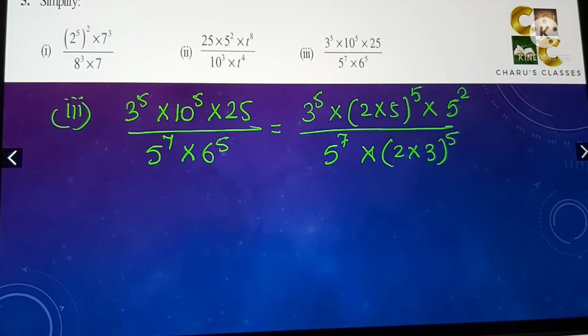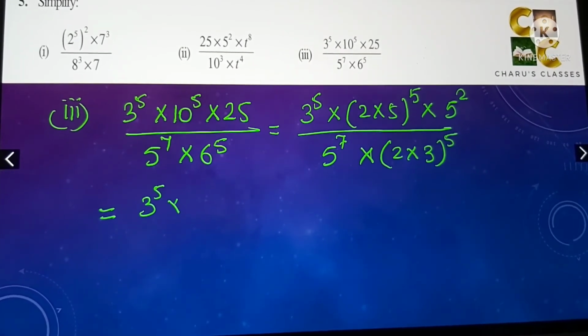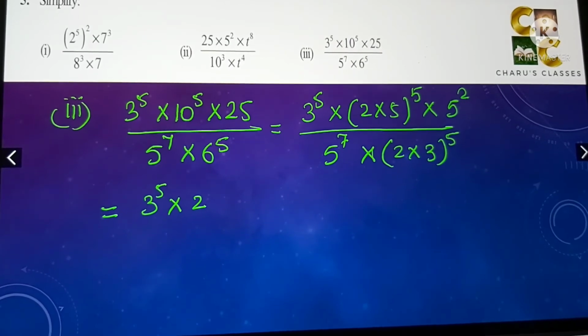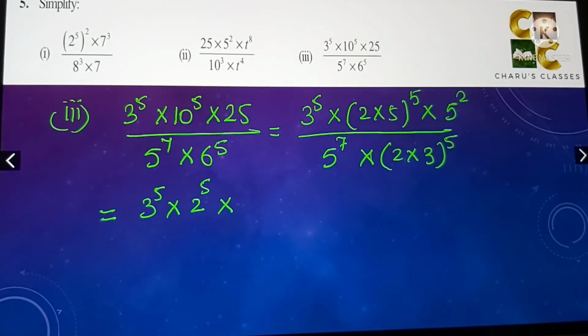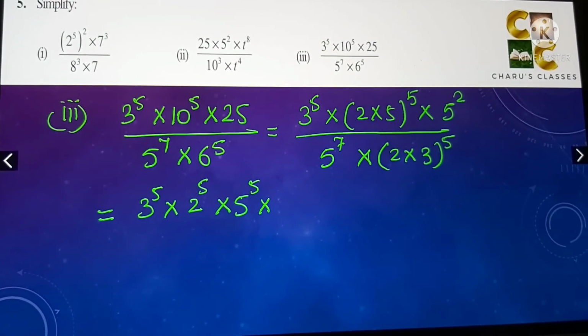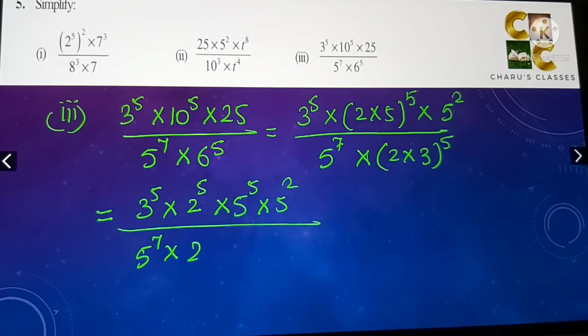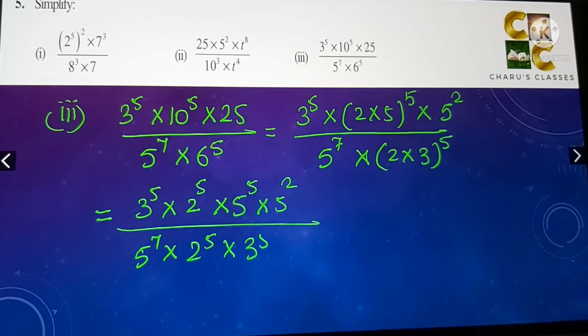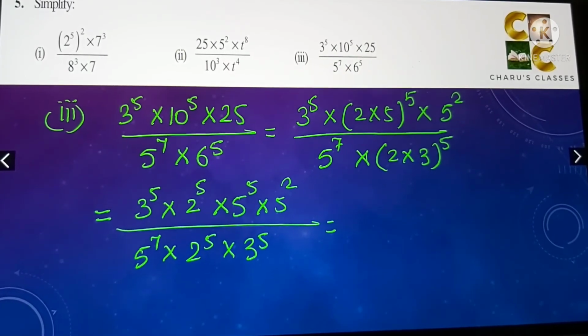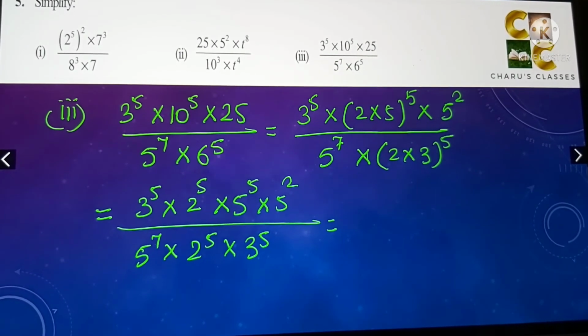Below, 5 to the power 7, 6 can be written as 2 into 3 to the power 5. So we have 3 to the power 5, separating 2 into 5 whole to the power 5, 2 to the power 5 into 5 to the power 5, and below 2 to the power 5 into 3 to the power 5.